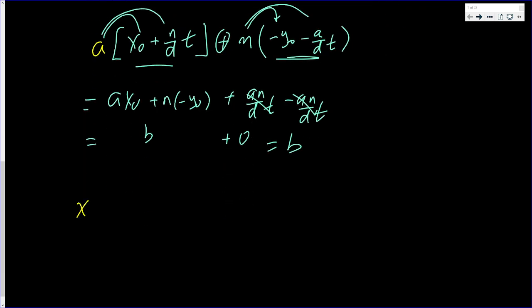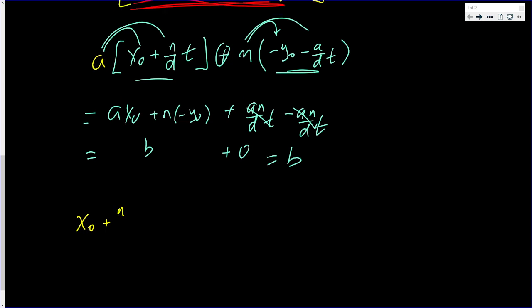So we have x0 plus n over d times 0, and x0 plus n over d times 1, all the way up to x0 plus n over d times d minus 1.